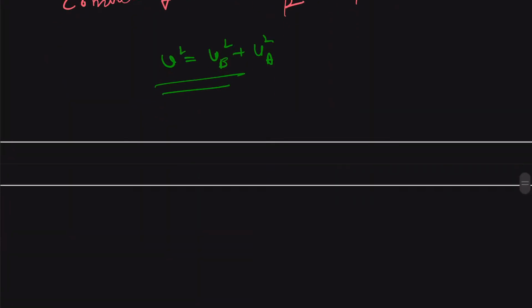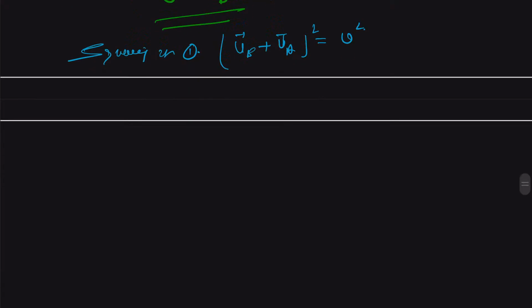So if we square equation number 1, we get that ub plus ua whole square is equal to v square, and we can just open the square. We can write this as ub square plus ua square plus twice ub dot ua is equal to v square.